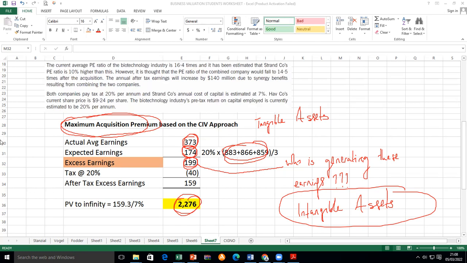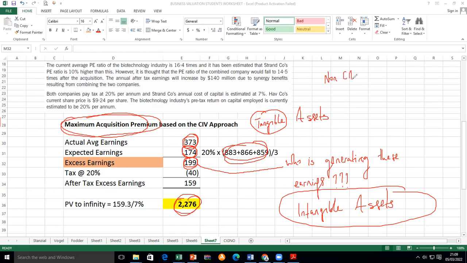Or which one is this you're saying there? Let me say they are made up of non-current, in short, the NCA plus the CA.